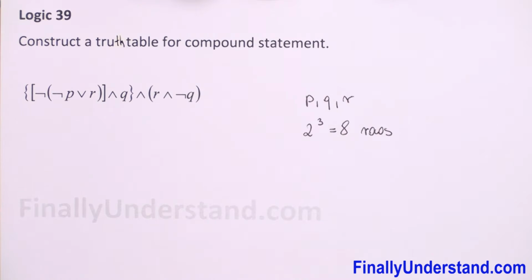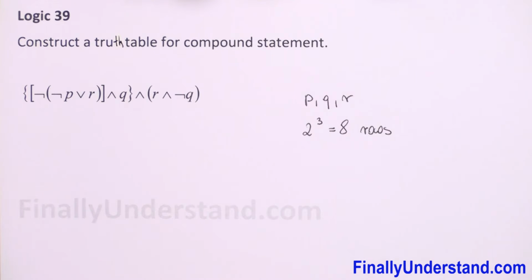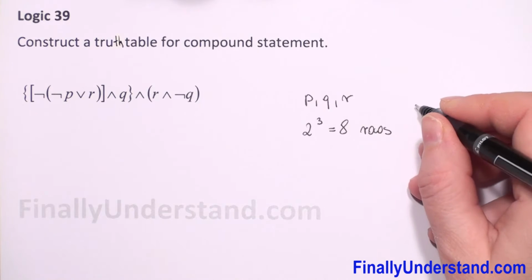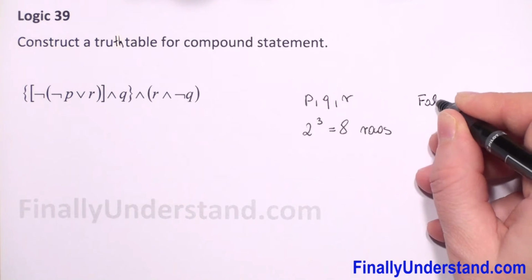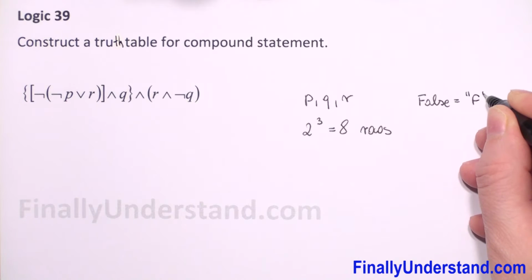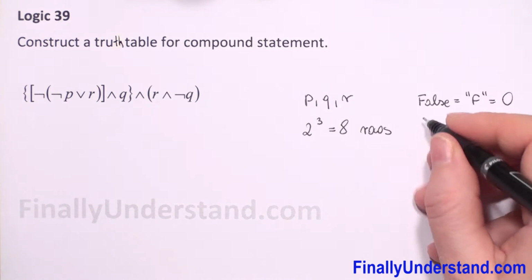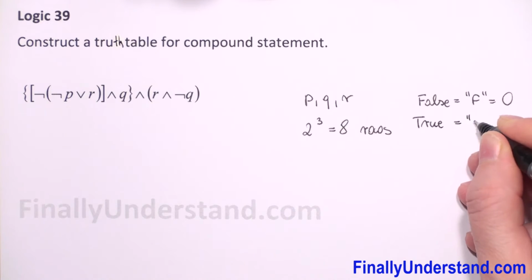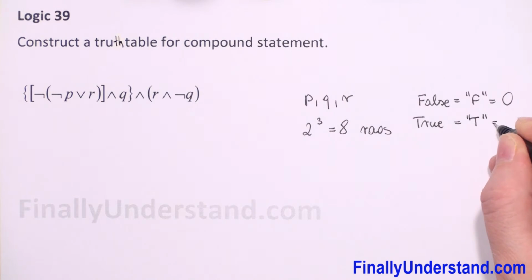And next we have to put in the first 3 columns the combinations of P, Q, R. P can be true or false, and Q the same, R the same. For false we can use symbol F or 0, and for true we can use T or 1.